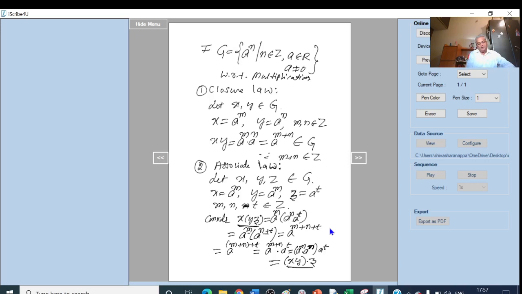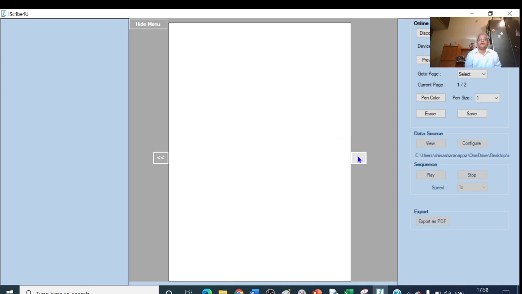Next I will go for the identity element. Third one is identity.